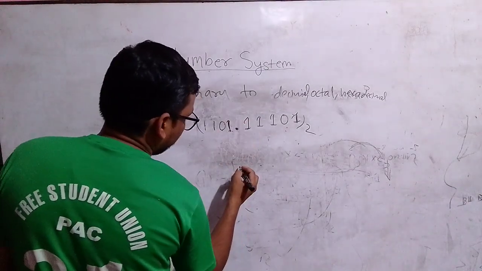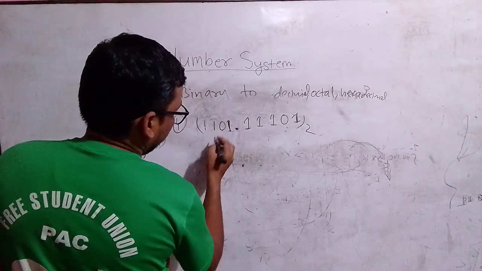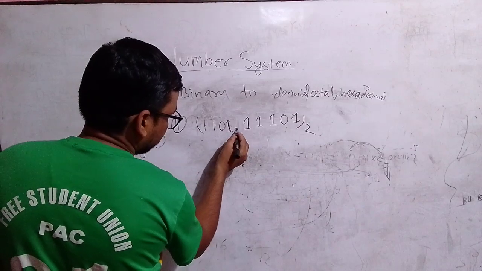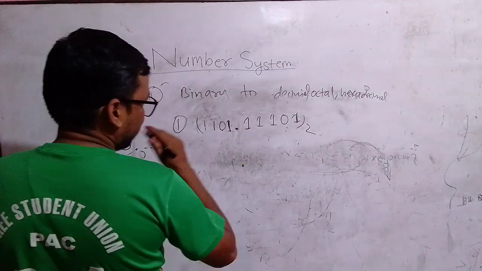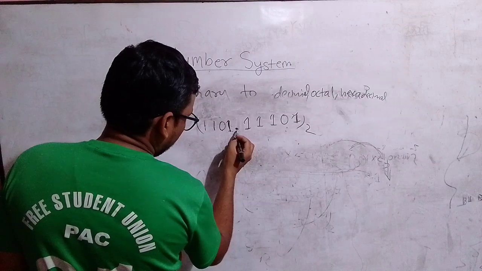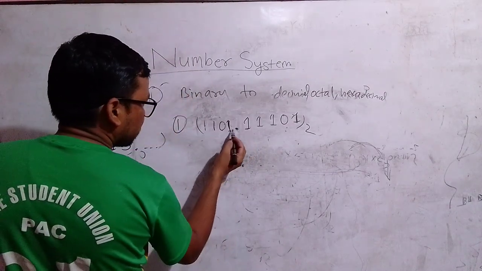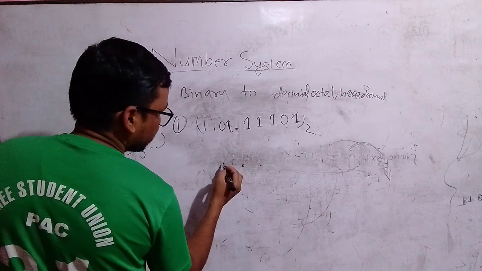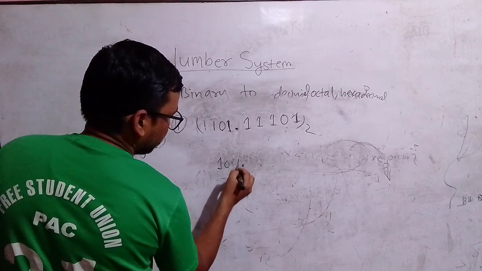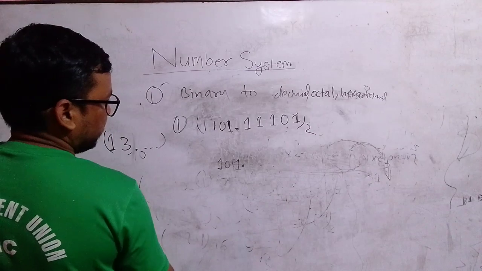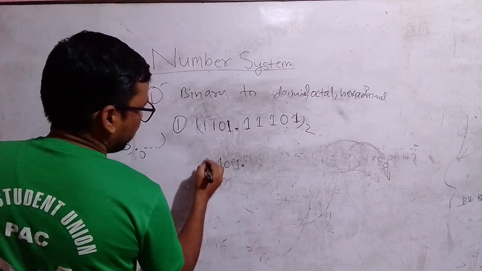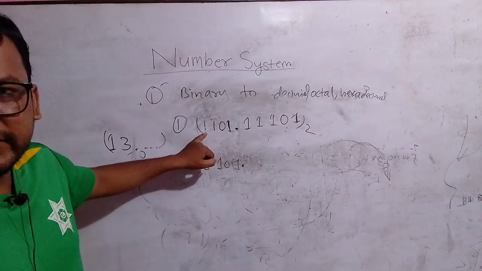Now look here. We need to take the dot as a reference point, and we begin from this dot for both the integer and the fractional parts. For the integer, we need to make groups of 3 digits. That means 101. The first group is 101. And the second group would be 1. It contains only 1 digit.